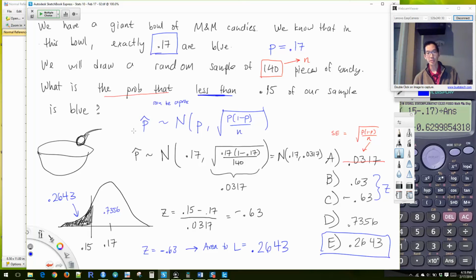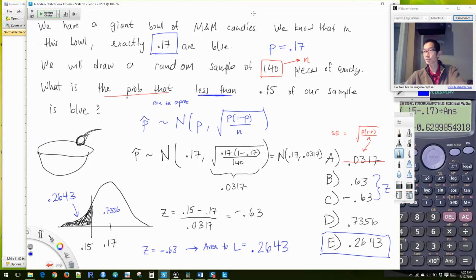But because of random chance, you might get more than that, you might get less than that, and so here our question is, what's the probability that I end up getting 15% or less? And that probability happens about 26% of the time. It happens about 1 in 4 random samples from the bowl. Okay. You just want to make sure conceptually we're okay with this? So this is our sampling distribution of p hat. Okay.